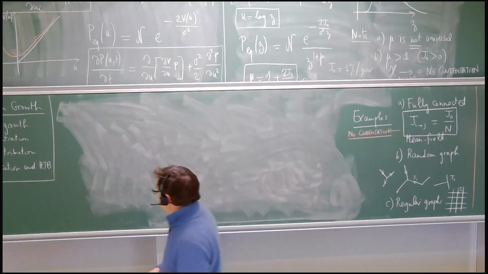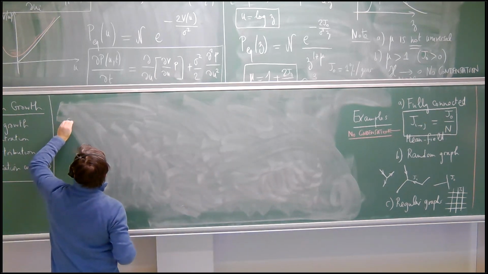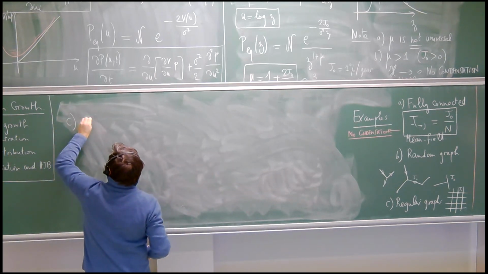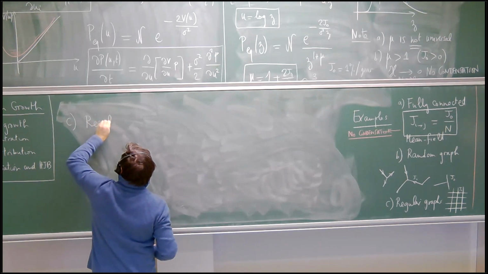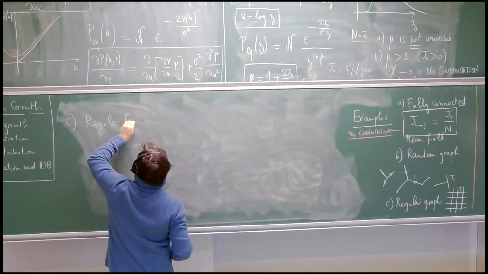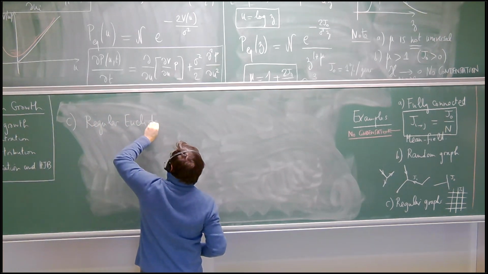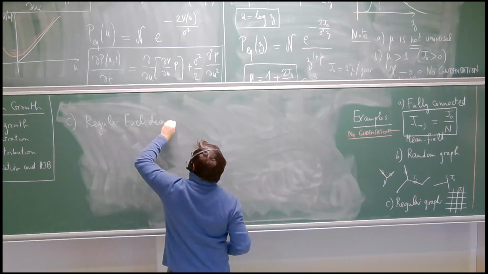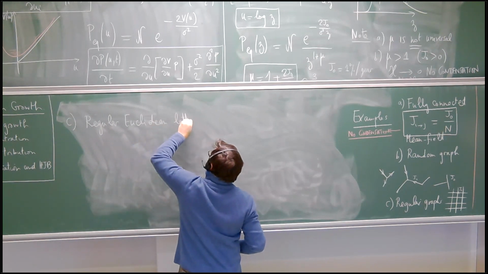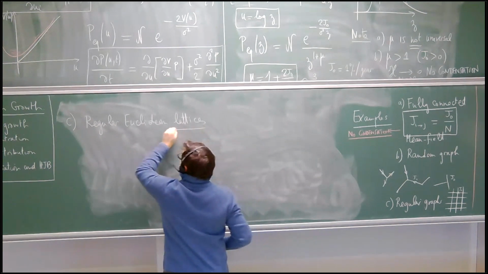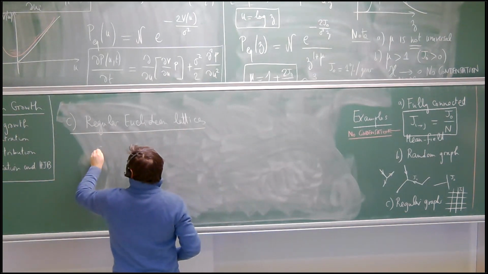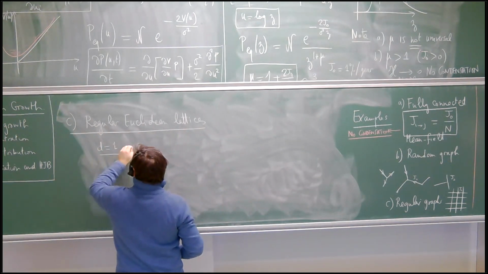So now, regular Euclidean lattices. So D equal 1, this is just a chain.